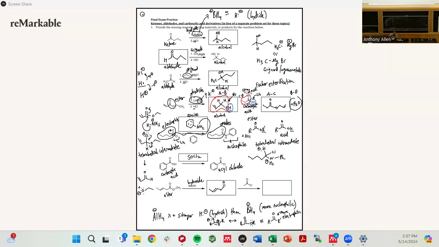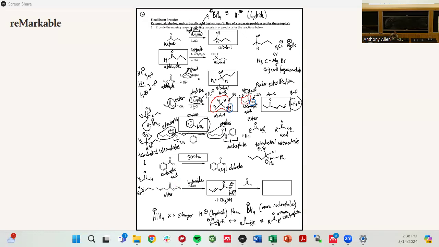So O minus makes it a carboxylate, then sodium plus. What else would have formed? Well, you would have had CH3OH.